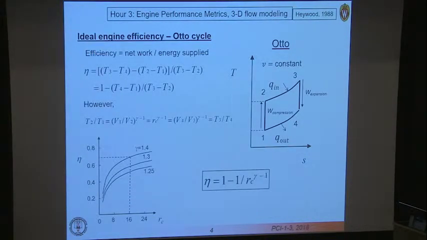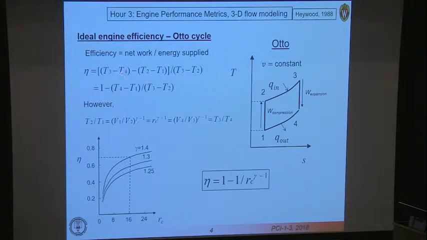If I take a look at that on a TS diagram, we saw this before, we can calculate what the efficiency would be by comparing the net work to the energy supplied. The net work would be what you get when you consider the change in properties from state 3 to state 4, or the enthalpy change. If we assume constant specific heats, we can relate enthalpy to temperature.